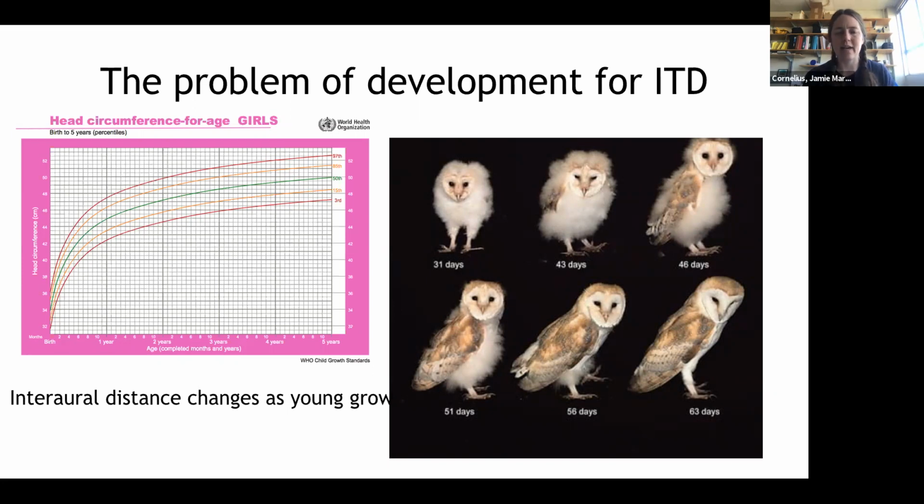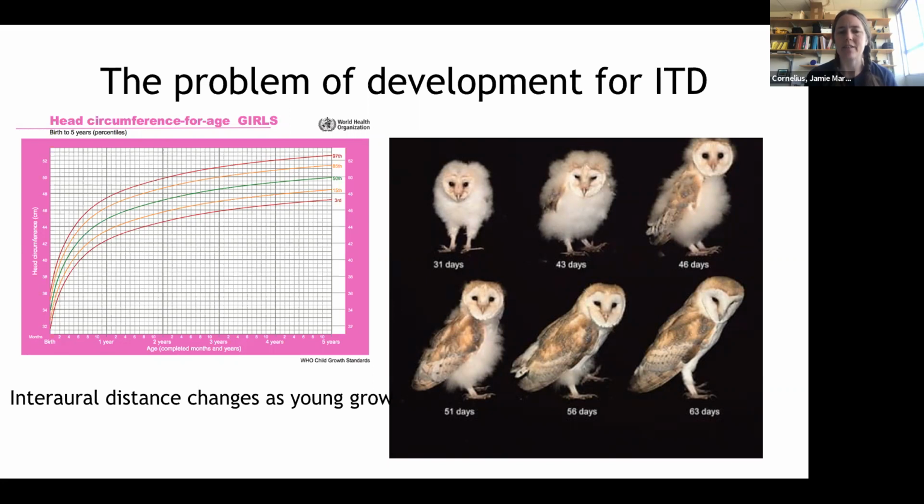So on the left-hand side is a change in head circumference for human female babies. And you can see that there's a large change in the circumference during the first 5 years, and it's even still continuing at a much smaller rate after that.